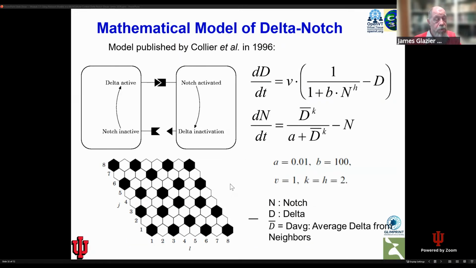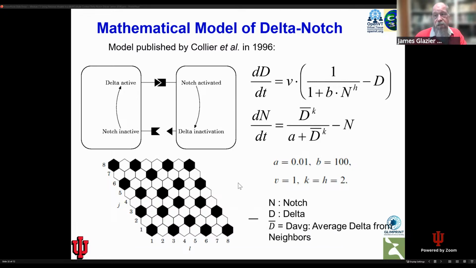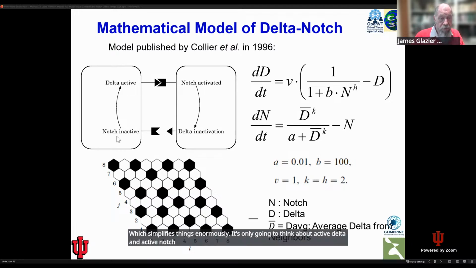The actual molecular signaling that's going on is fairly complicated. We're going to use a highly reduced model due to Collier from 1996, which simplifies things enormously. It's only going to think about active delta and active notch in the cell.